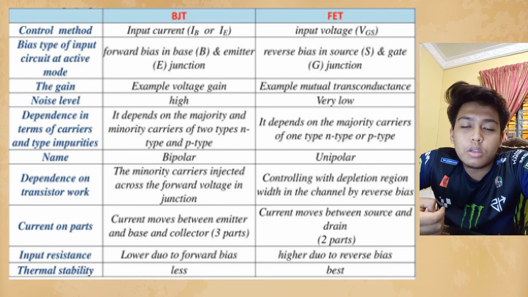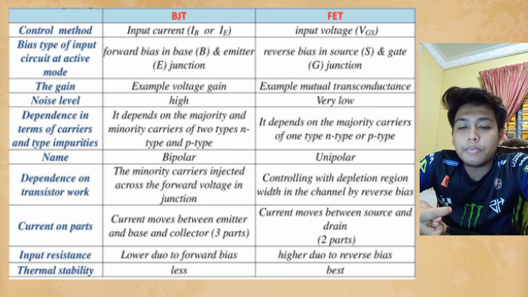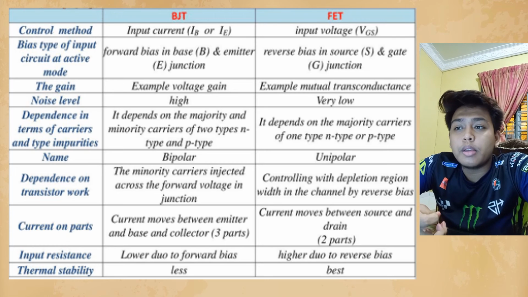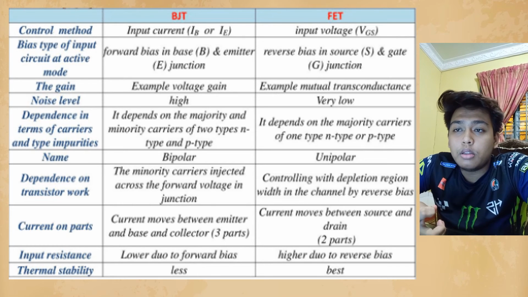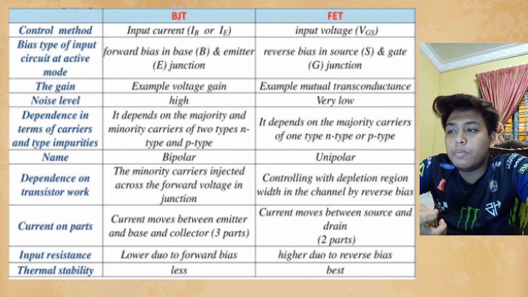Next, I'm going to talk about some differences between BJT and FET. First, we have the control method: in BJT, input current IB or IE. In FET, input voltage VGS. Second is the bias type of input circuit at active mode. In BJT, forward bias in the base B and emitter E junction.